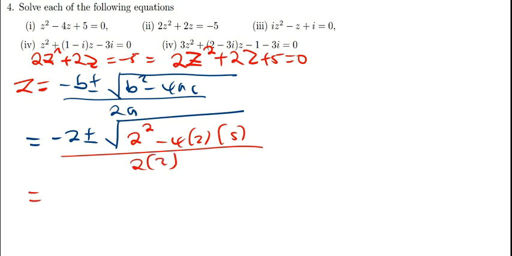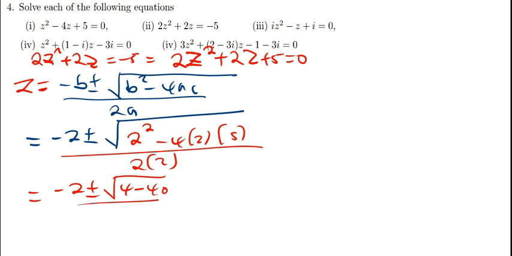So we see what we're going to have in the square root. 2 squared is 4. Okay. So I'll have -2 plus or minus the square root of, this is going to give us 4 minus, okay, so 2 times 4, 8, 8 times 5, 40, or you can say 4 times 5, 20, 20 times 2, 40.